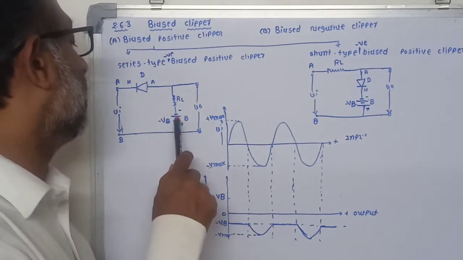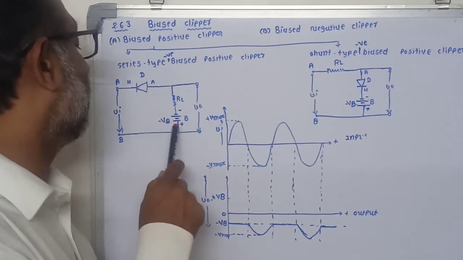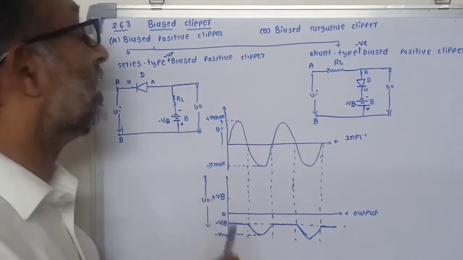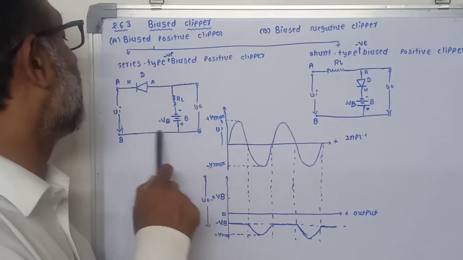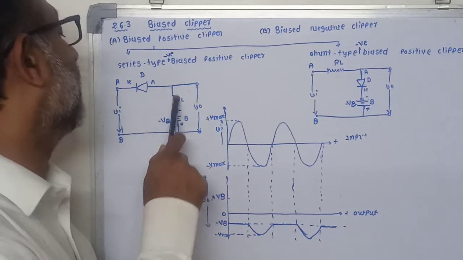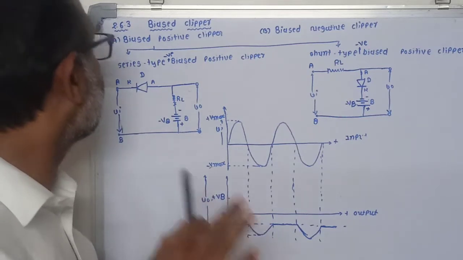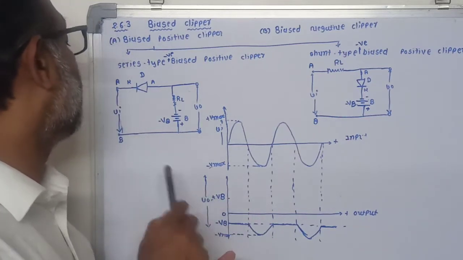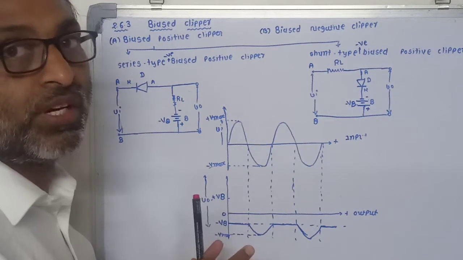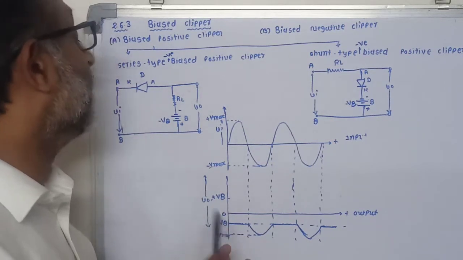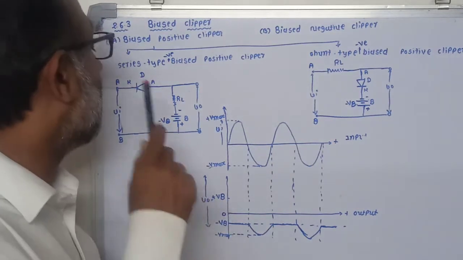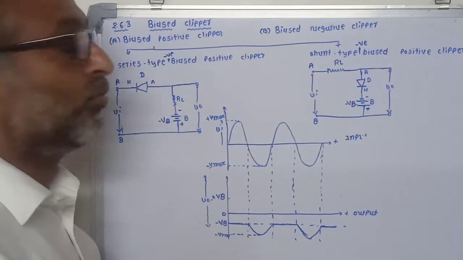Now due to this battery, this diode is reverse biased because the positive terminal is connected to the cathode and the negative terminal is connected to the anode. So we can say that the diode is forward biased due to the input voltage, and it is reverse biased due to the battery voltage.